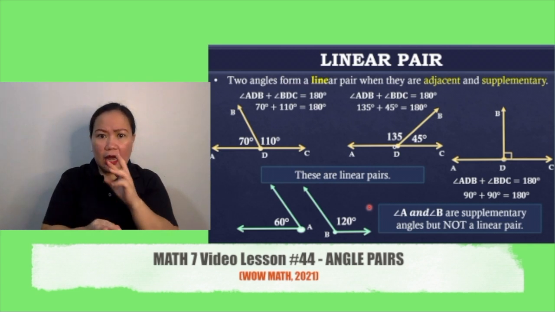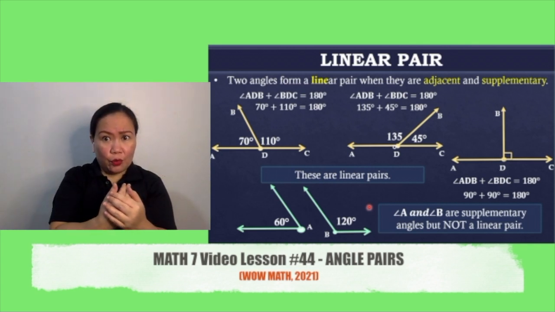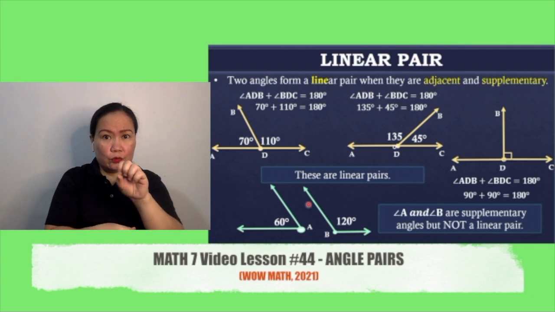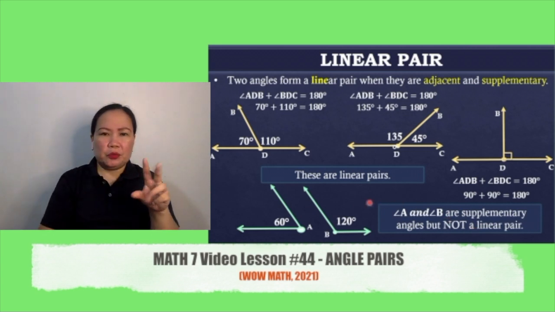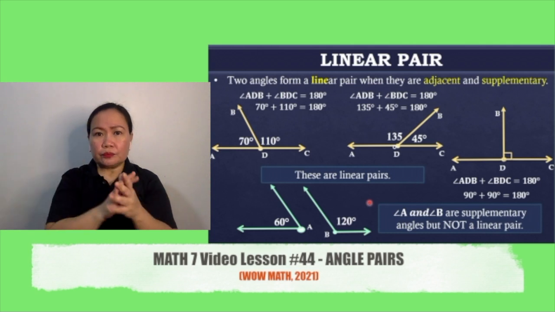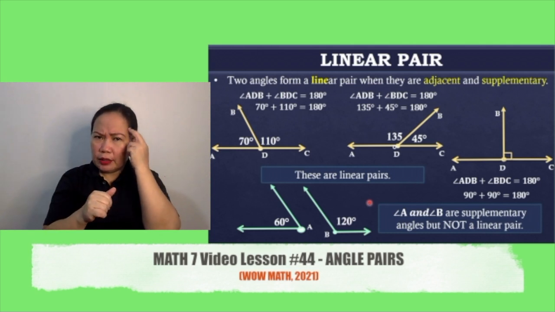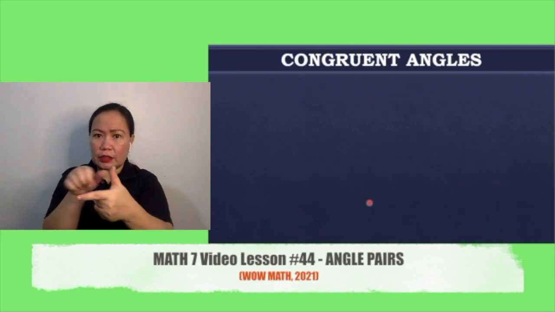Are all supplementary angles form a linear pair? So, kagaya nito, supplementary siya, but it doesn't form a linear pair. So, it's no. Okay? So, dapat alam natin i-analyze yung relationship ng different kinds of angle pairs.